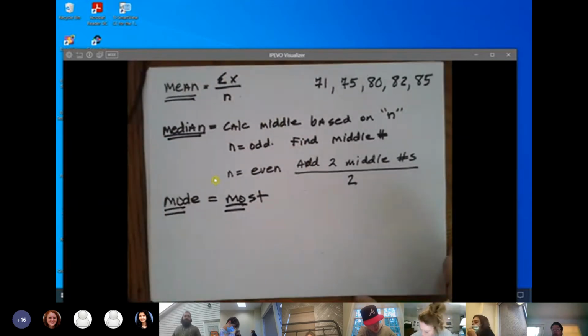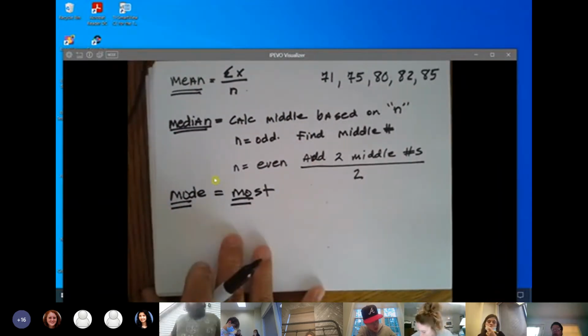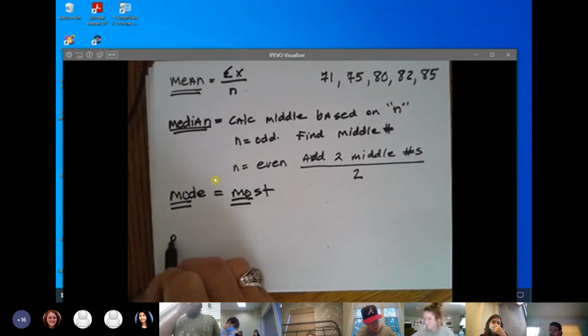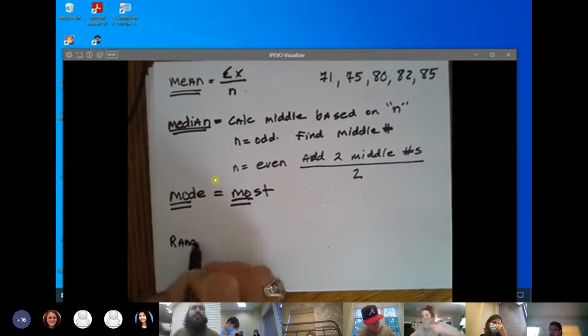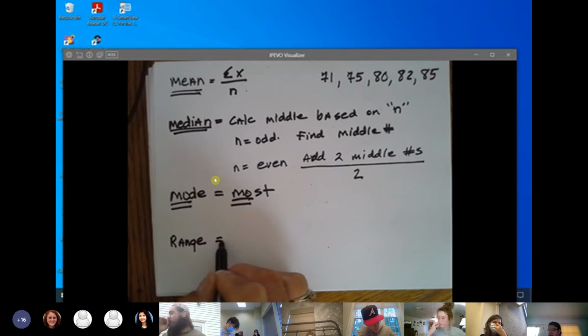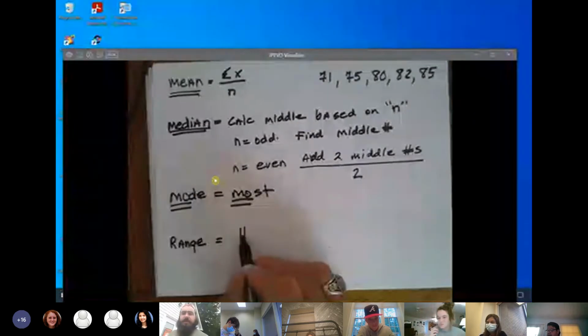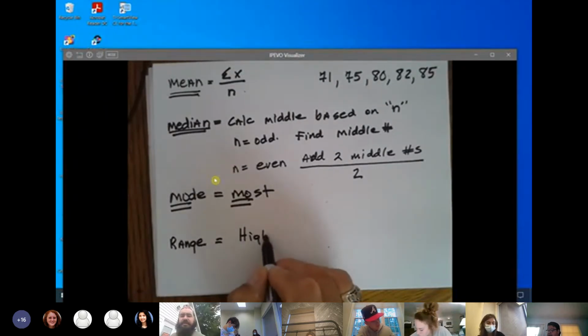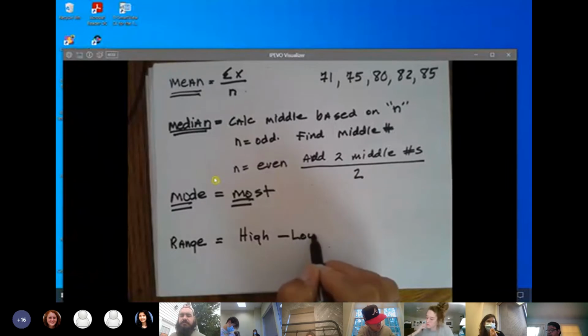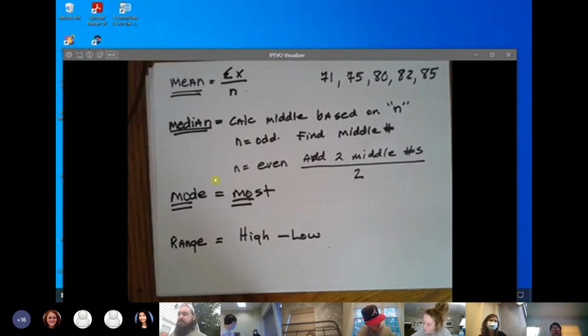So mostly all of you know how to find those. Range is pretty simple. The highest minus the lowest. So that means that all your data must be in order before you even start this.